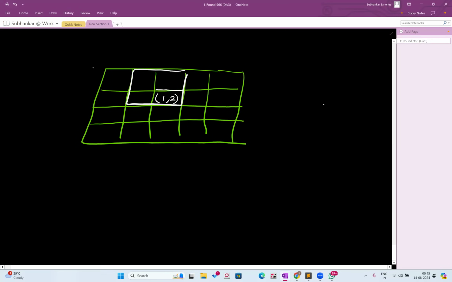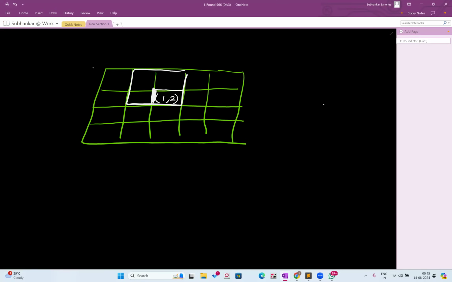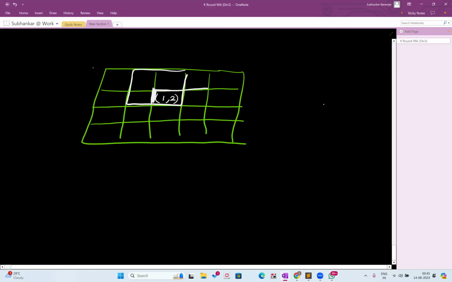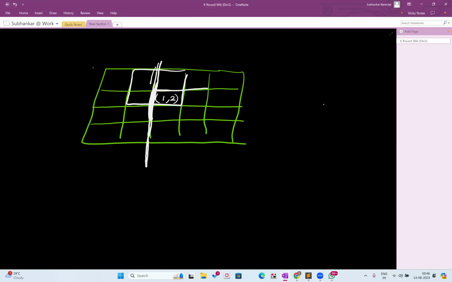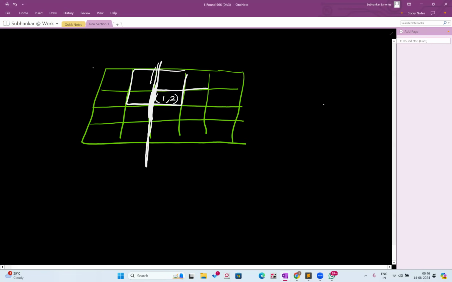So basically, I'll just say that this line is the extreme point of the square. This is one extreme. So what is the maximum value it can go? Suppose this is j, and this is j plus 1.